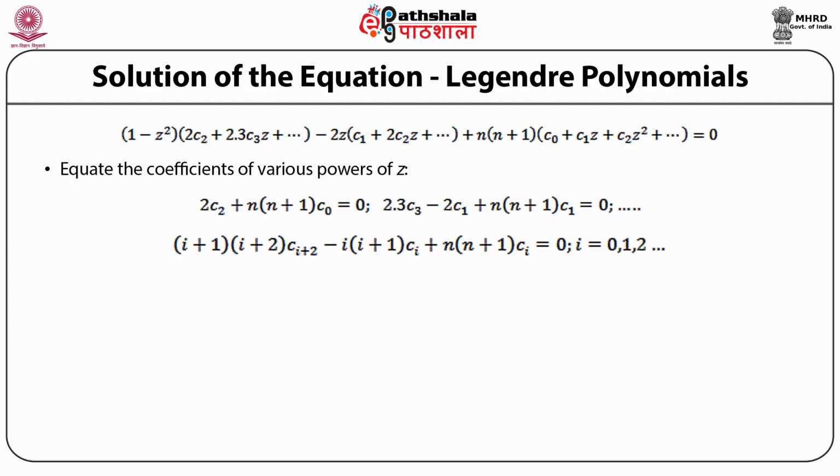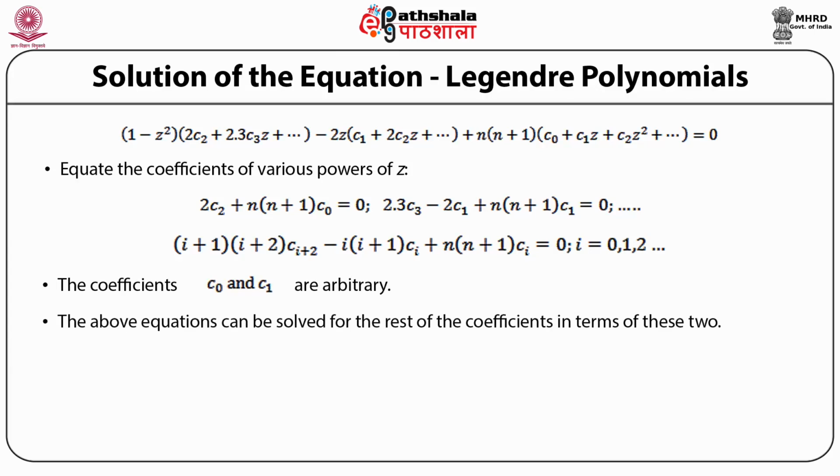In general, the relation is (i plus 1) into (i plus 2) into c_(i plus 2) minus i into (i plus 1) into c_i plus n into n plus 1 into c_i is equal to 0, where i takes the values 0, 1, 2 and so on. The coefficients c0 and c1 are arbitrary and the above equations can be solved for the rest of the coefficients in terms of these two.